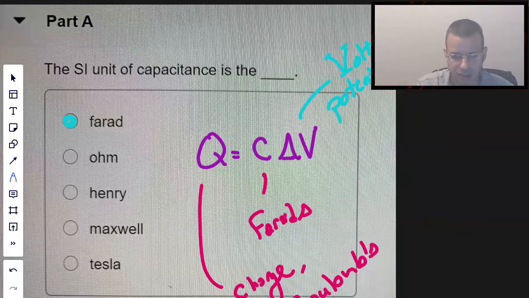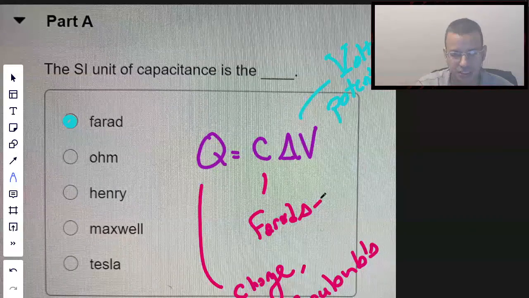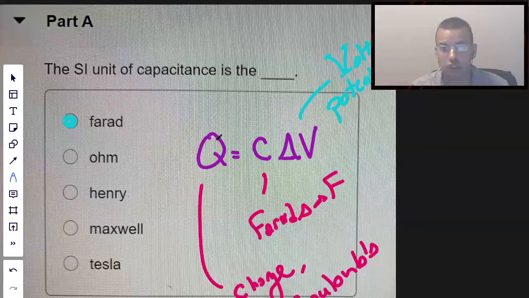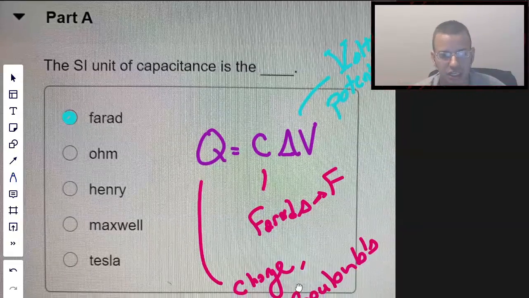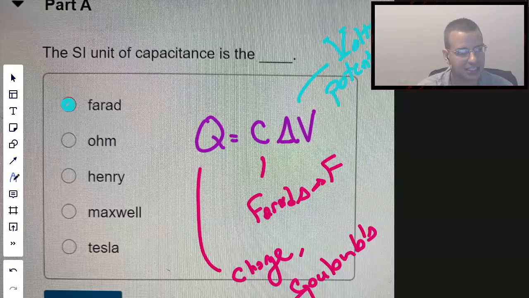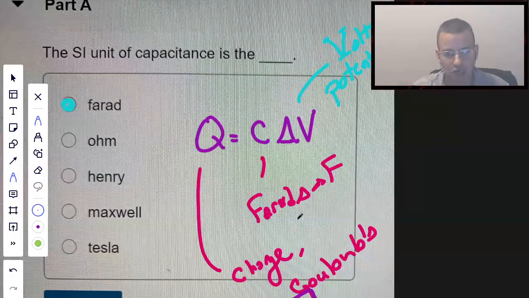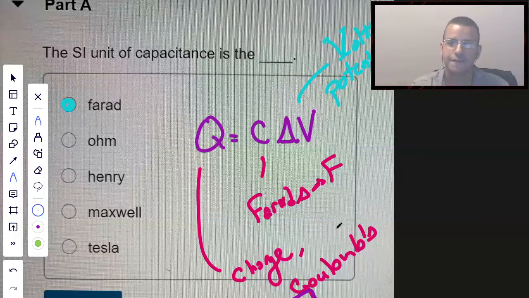But it uses C. So farads, the symbol for that is F. The unit for charge is the coulomb, which uses the symbol C. So it's really easy to confuse the symbol for coulomb, which is for charge, with capacitance, which is C, but actually uses the unit farad.